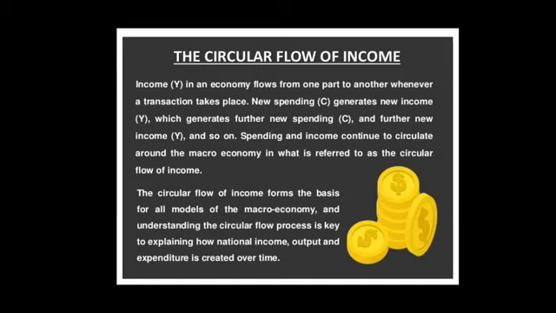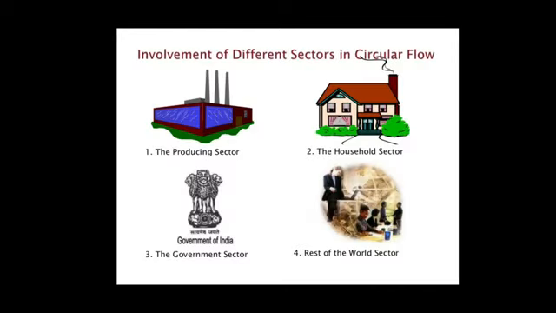Production gives rise to income, which gives rise to expenditure, and expenditure gives rise to income again. It goes on continuously and indefinitely in a circular way.